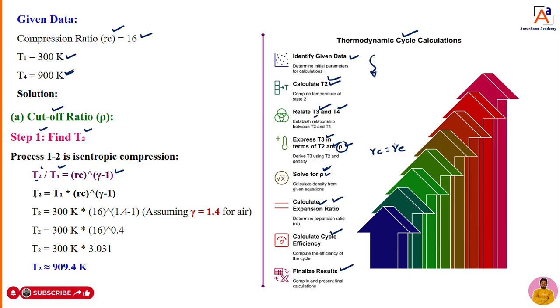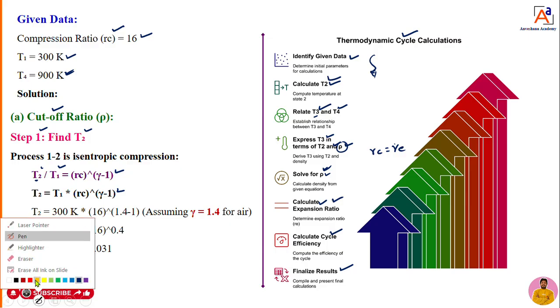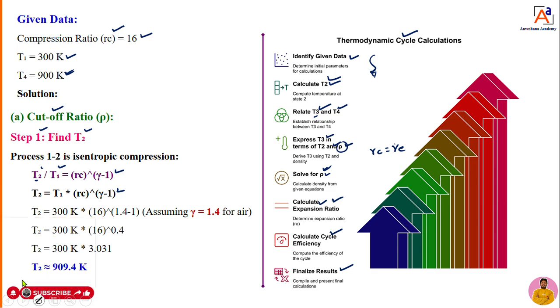Therefore T2 is equal to T1 into RC to the power of gamma minus 1. So by seeing this equation, what can I understand now? To calculate T2, T1 is required, RC is required, gamma is required.